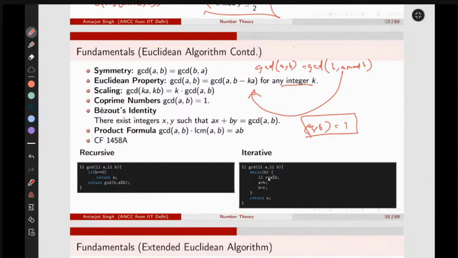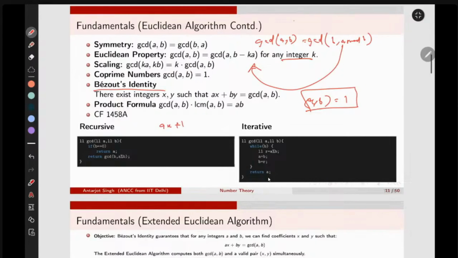So there is the Bezout identity, or sometimes people say Bezout's lemma. This says that A and B belong to integers, obviously, and if GCD of A, B equals AX plus BY, then there must exist a pair of two integers such that this equation is satisfied. Bezout's lemma says that.